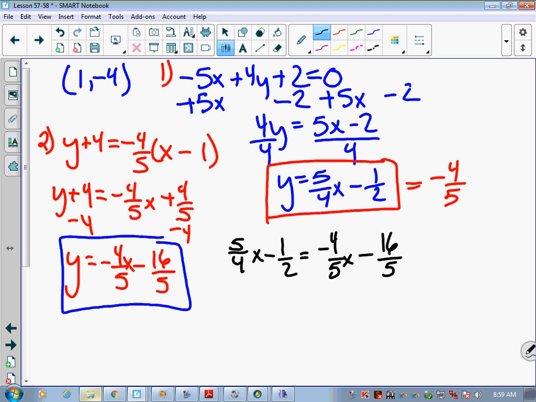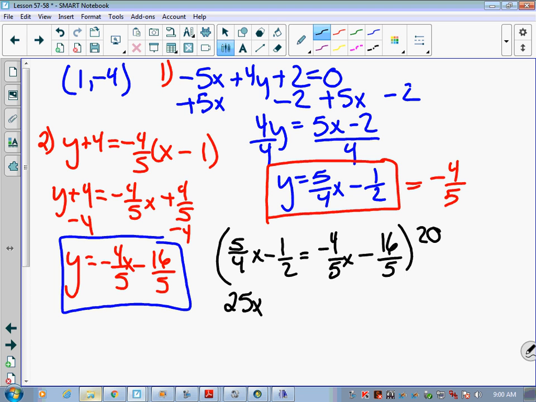So the common denominator is probably 20. So 5/4 times 20 is 100 divided by 4, which is 25. So we get 25x here.